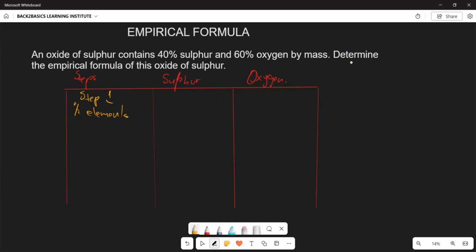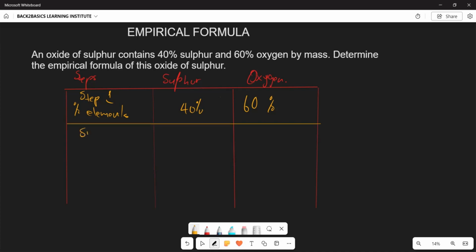The percentage of sulfur is given as 40%, and the percentage of oxygen is given as 60%. This is your first step, to represent all these in terms of percentage.